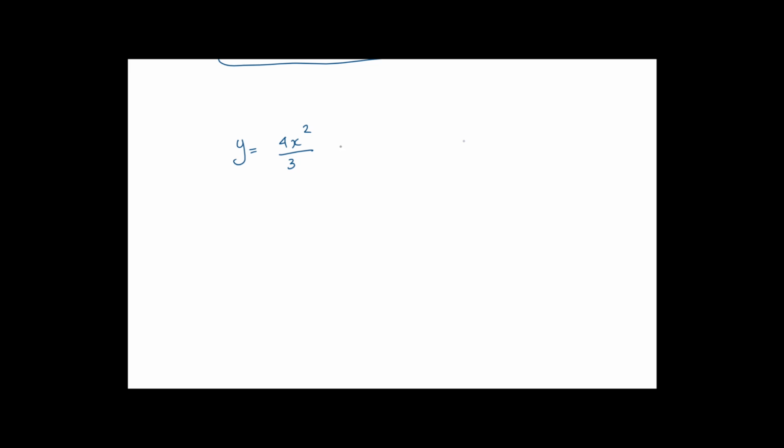Well, we could do it a couple of different ways. We could move this 2 out the front here. So it's going to be 2 times 4x over 3, which is going to be 8x over 3. We could do it like that.